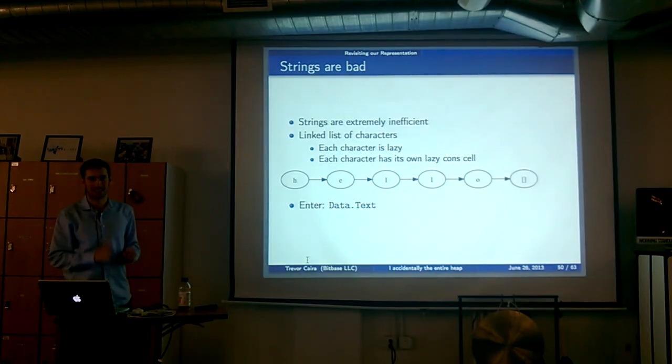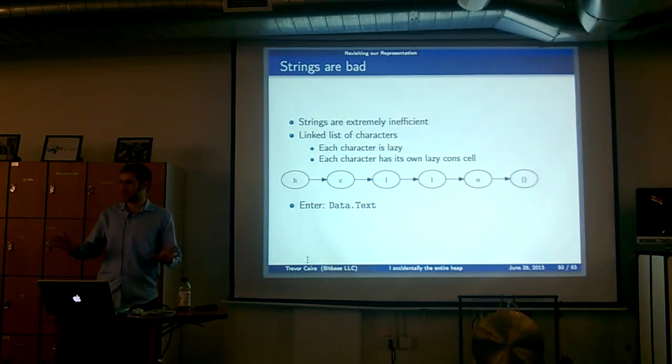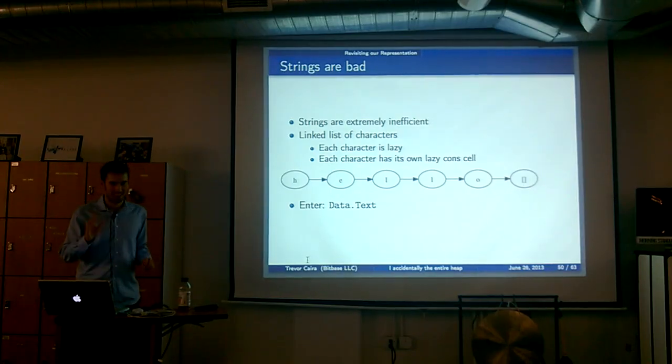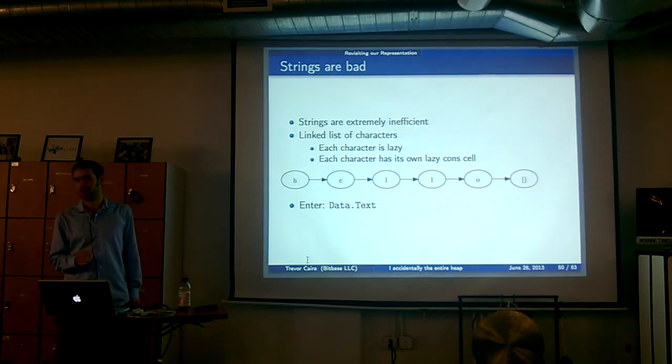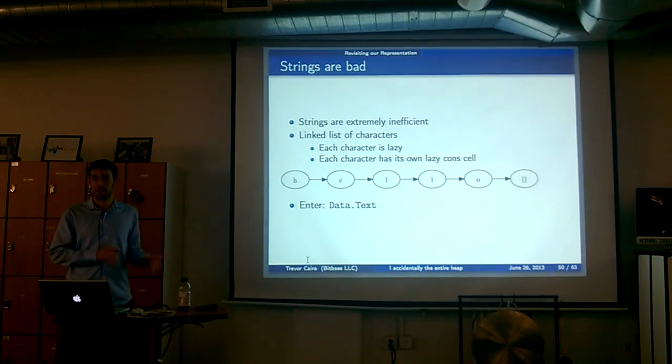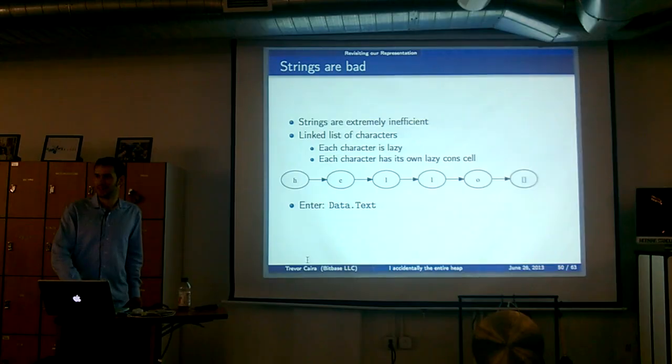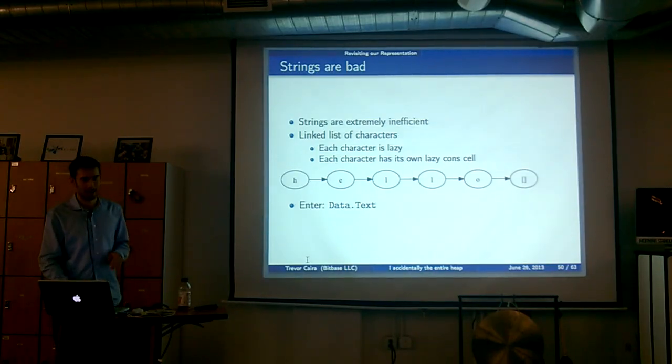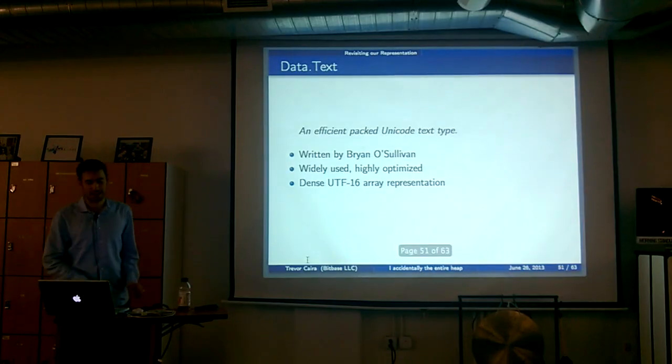Fortunately, we aren't the first people to ever discover this problem. Somebody real smart. A further issue is the characters are 32 bits, and your file is probably UTF-8. Yeah, right. So it's using 4 times as much memory. There are a lot of multipliers, you're right. Well, yes, String is not the recommended string representation. So, fortunately, Bryan O'Sullivan said, let's do it the right way for the first time: Data.Text.